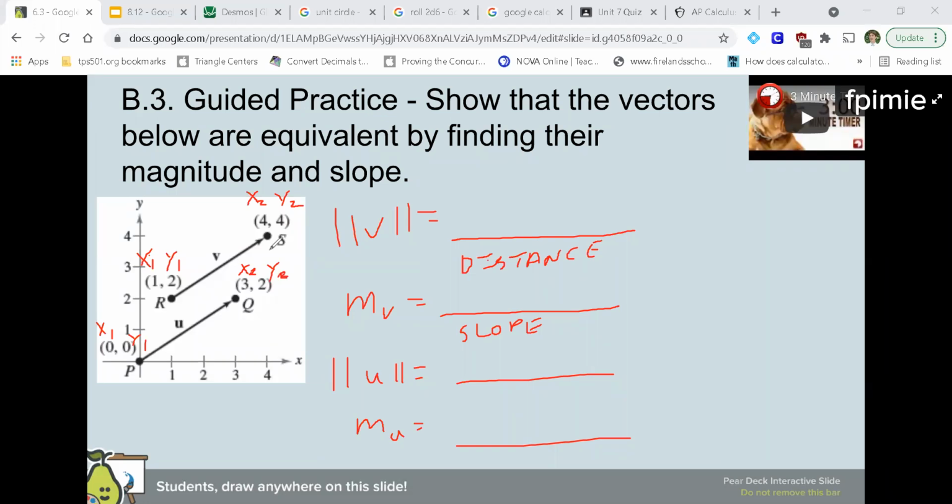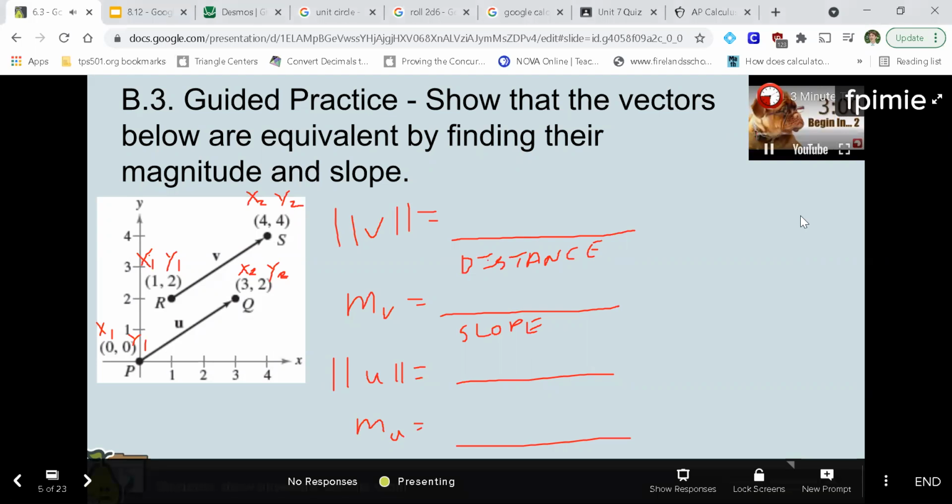You'll get the same answer, but graphically, and I don't know how your physics teacher will teach you about that, it might matter which one you call which. So I'll give you 3 minutes. Take these 4 numbers, plug them in the distance formula. Take these 4 numbers, plug them in the slope. Take the other 4 numbers, plug in distance formula. Other 4 numbers, plug in the slope.